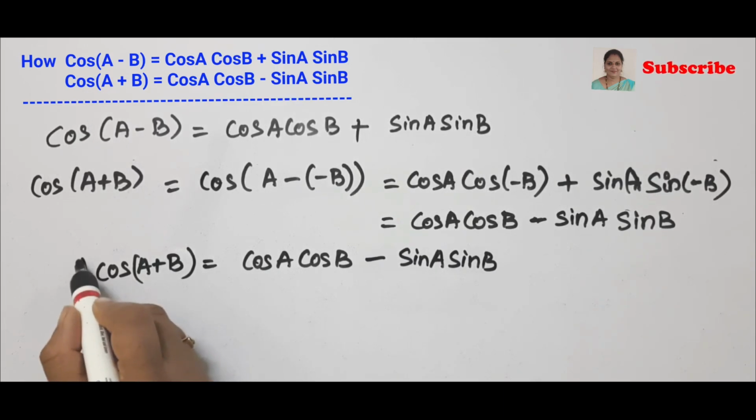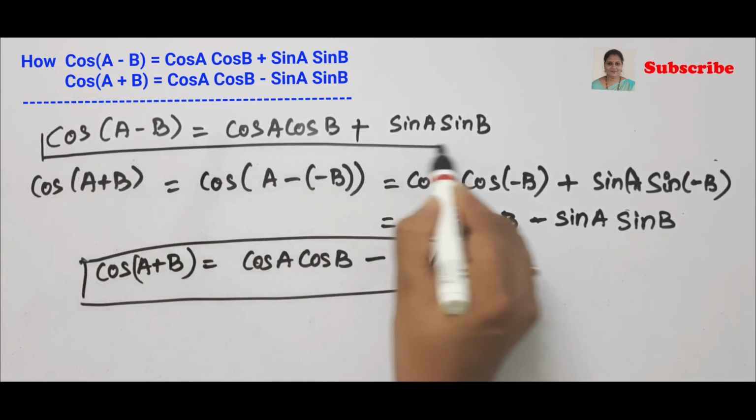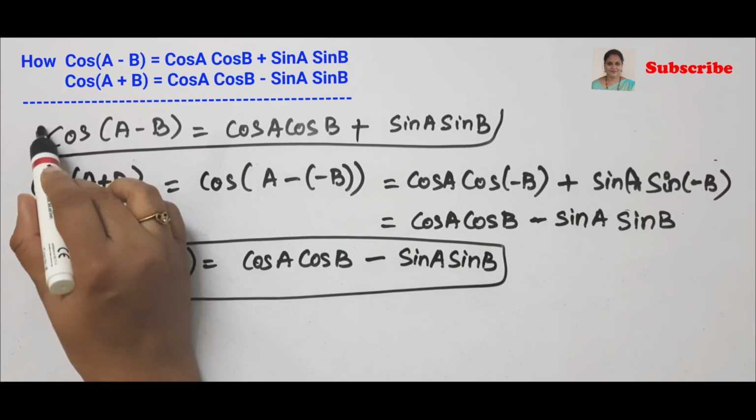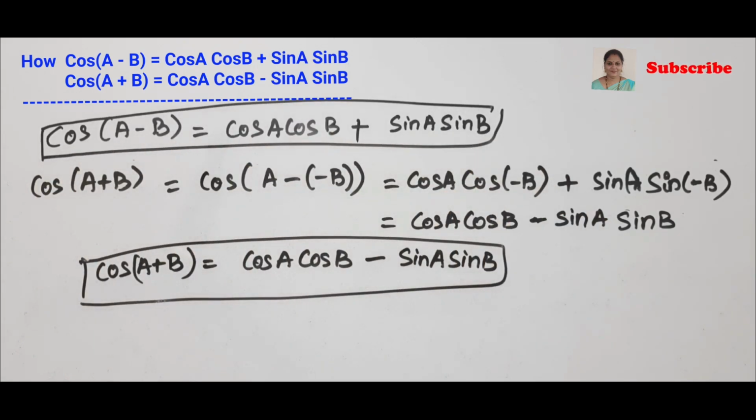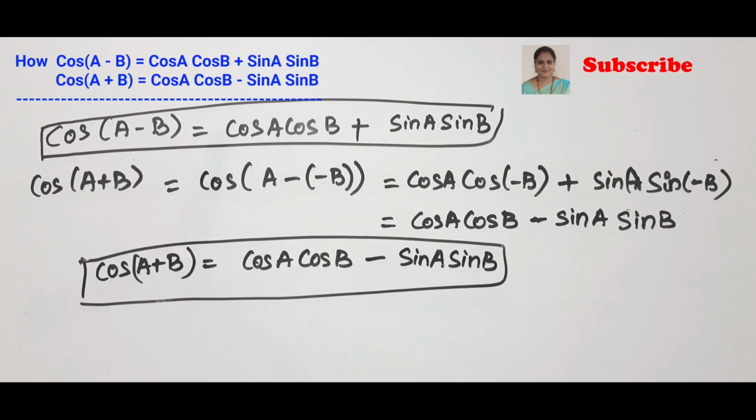Okay, we got the two results, cos of A plus B and cos of A minus B, that is cosine of the difference of two angles and cosine of the sum of two angles. These two formulas are true for all values of A and B. You can take either a positive number or a negative number or 0, the formula is true.